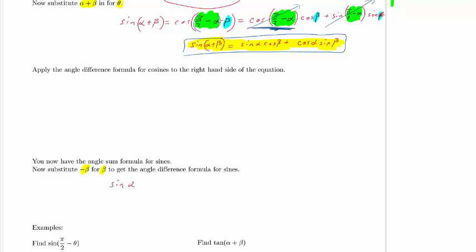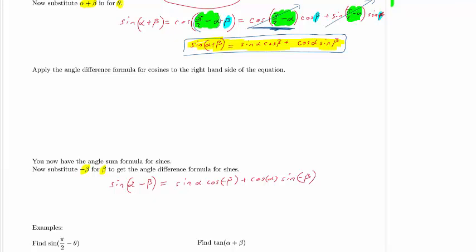Sine of alpha, now it's minus beta, right? Angle difference, equals sine of alpha times cosine of negative beta plus cosine alpha times sine of negative beta.